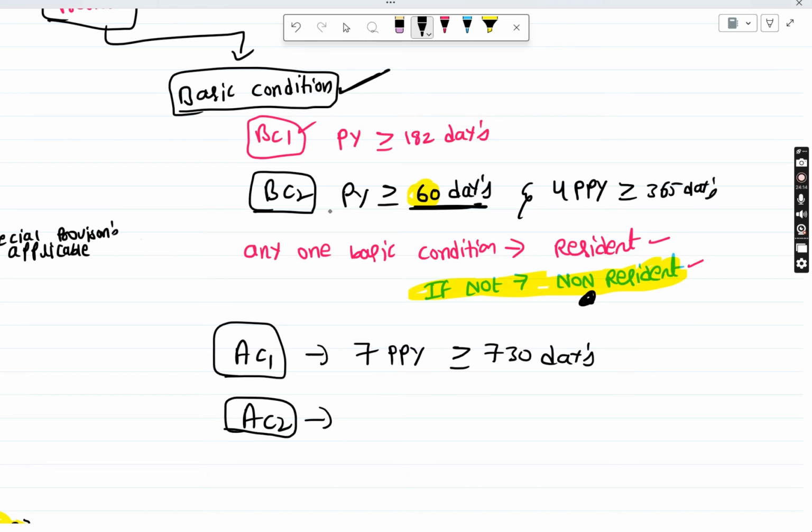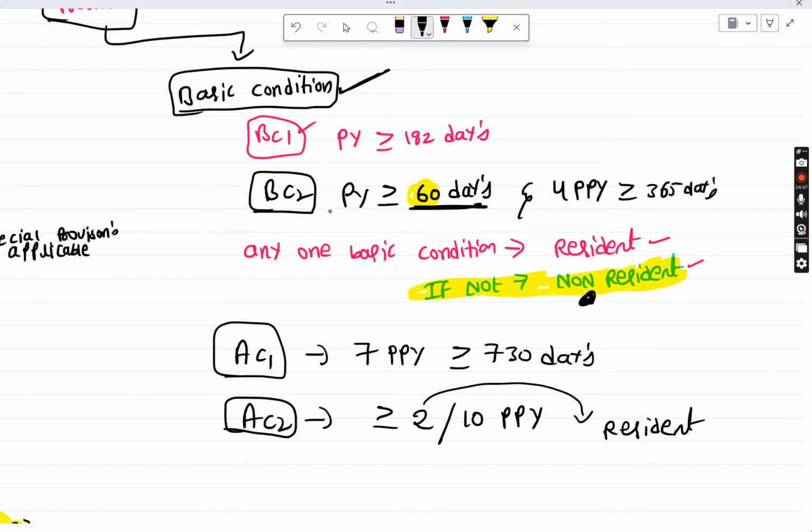If you are a resident of India in 2 out of 10 preceding previous years, then additional condition 2 will be satisfied.